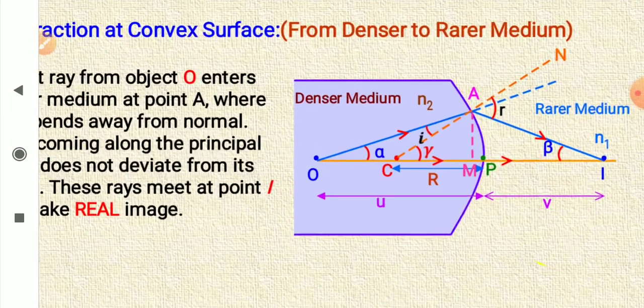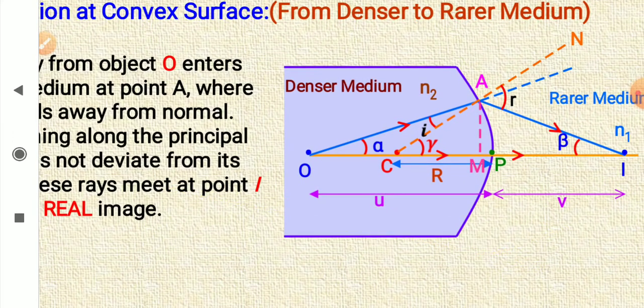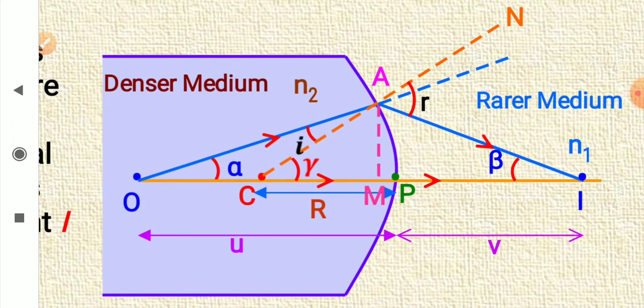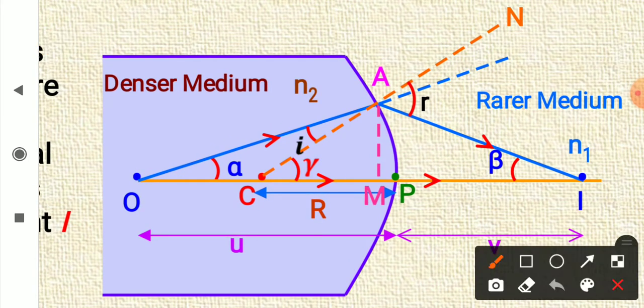So first let us have a look at the image formation. Now we are taking refraction from denser medium to rarer medium. The object is placed in the denser medium, and when light travels from this object towards the rarer medium, at this point it is entering the rarer medium.